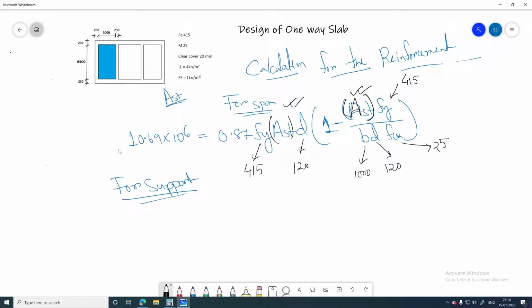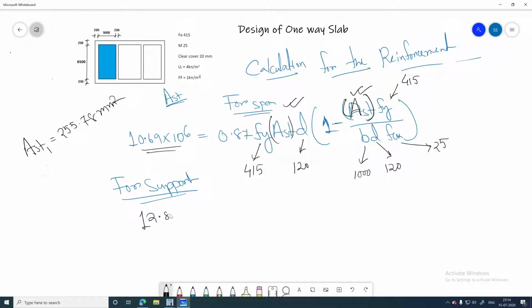The value of AST, you can write it as AST1, because for the support we will also get another value of AST. So AST1 that we got for the span is 255.78 mm square.